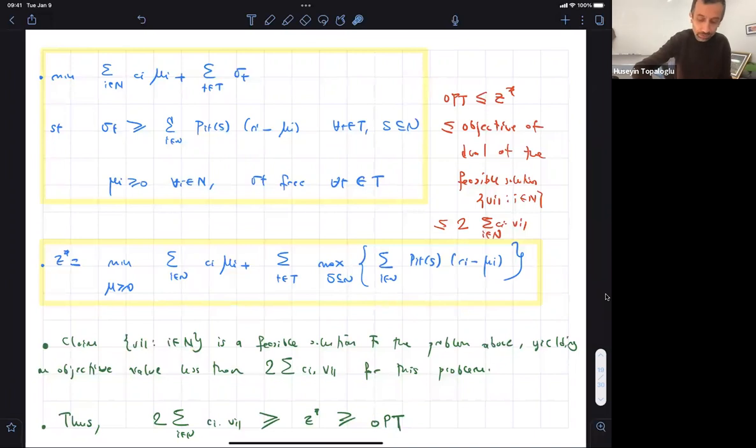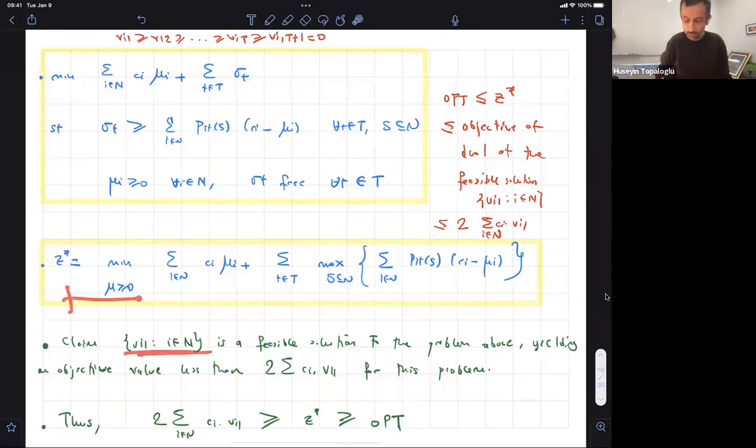But we have already shown that these VIs satisfy this monotonicity property. And let me also put the boundary condition of the bid price after the last time period, and that's 0. So by default, all of our bid prices are going to be non-negative by our construction. So these VI1s are indeed feasible to this dual problem.